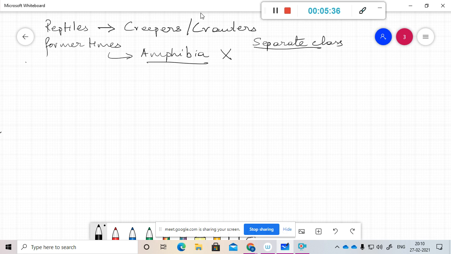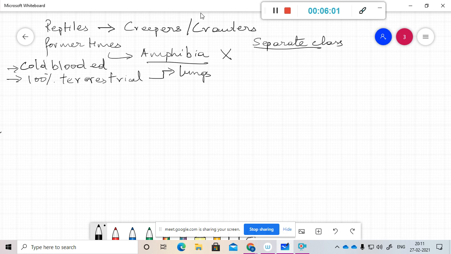They are cold-blooded, that is the temperature of the blood depends on their outside temperature. They are 100% terrestrial. They breathe through lungs.